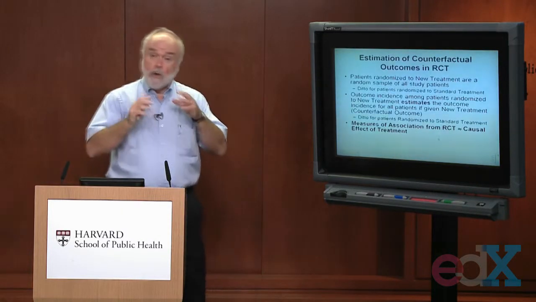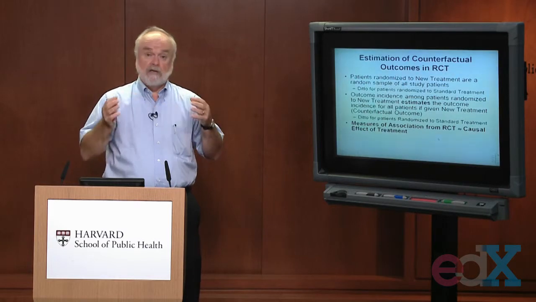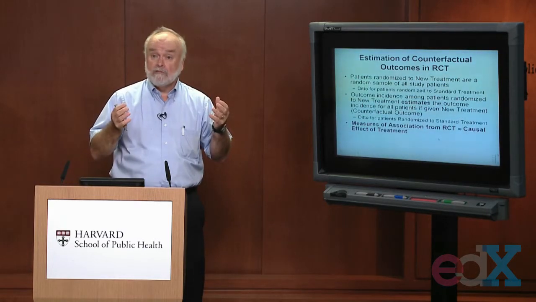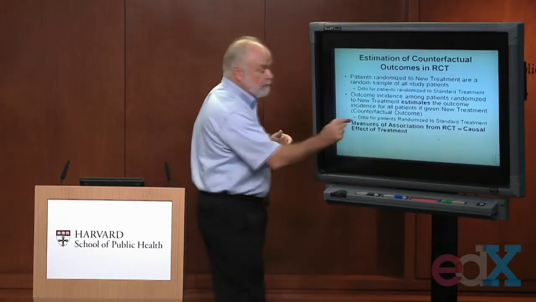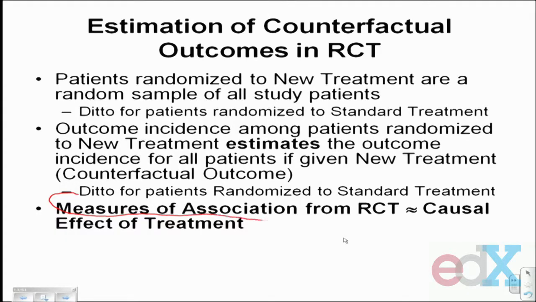So basically, when I collect my data and measure the incidence or the cumulative incidence or the incidence rate of the people randomized to receive new treatment and compare it to the cumulative incidence, the incidence rate of those randomized to receive standard of care, I come up with a measure of association, a risk ratio, a rate ratio, an odds ratio, things we've been talking about already.